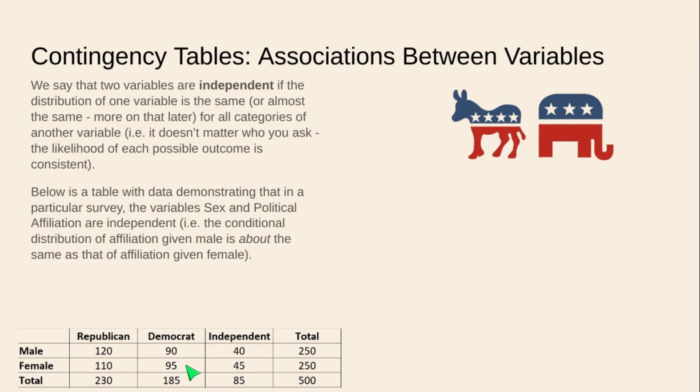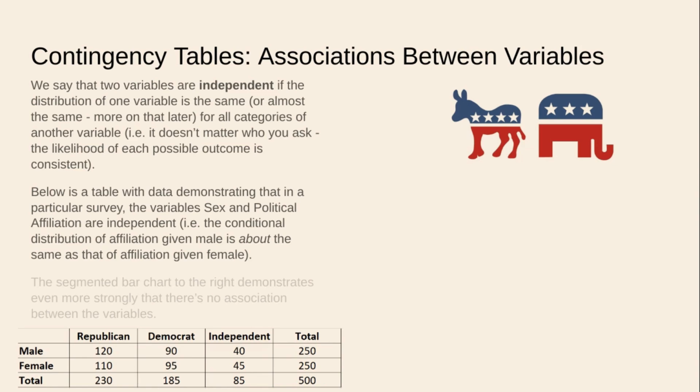These variables are independent. Speaking of independent, works for the independent category as well. 40 out of 250 men, 45 out of 250 women. Again, it doesn't matter who you ask. The proportion is virtually the same.